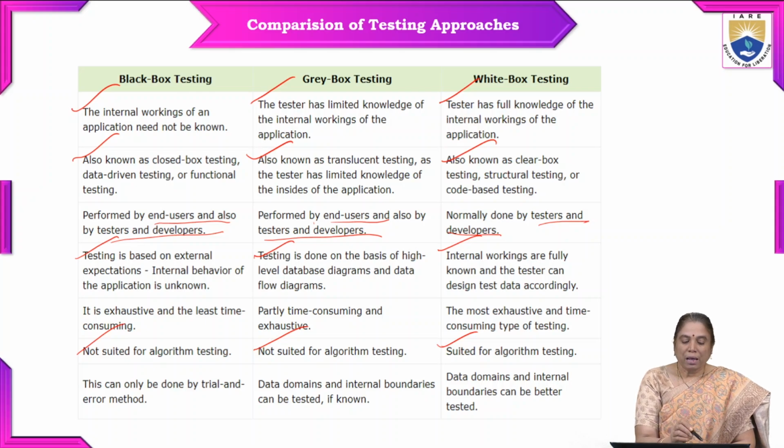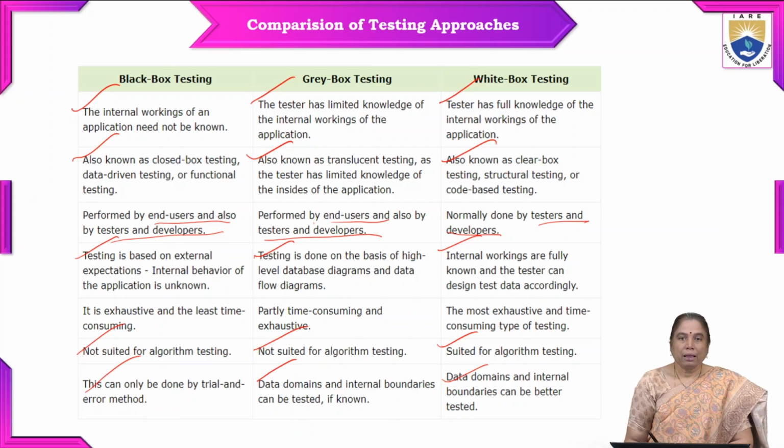And black box testing is done by trial and error method. Data domains and internal boundaries can be tested in case of gray box testing. Data domains and internal boundaries can be better tested in case of white box testing. So this is the comparison between the three approaches of software testing.